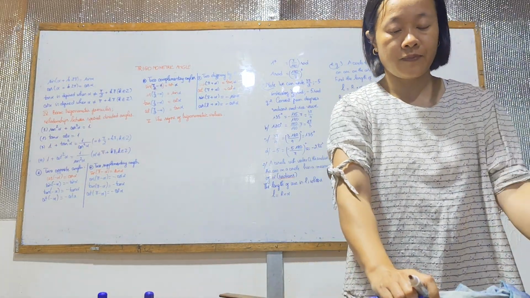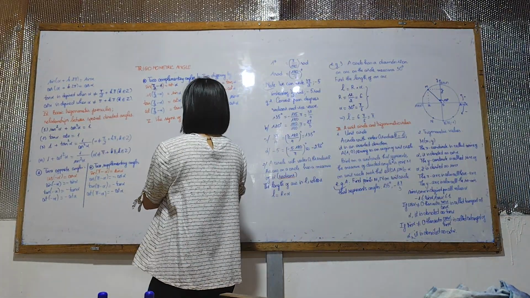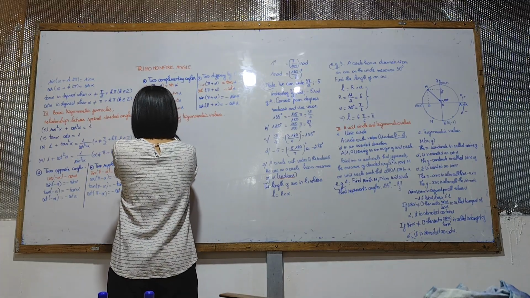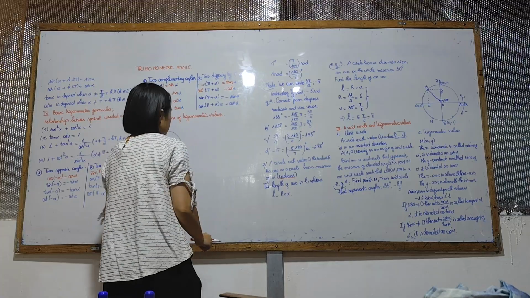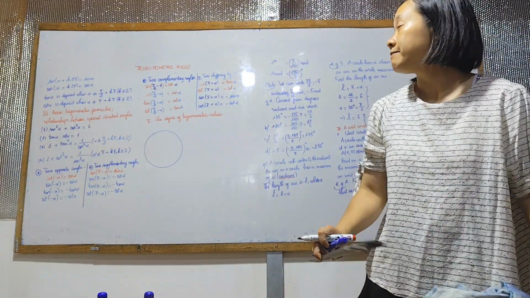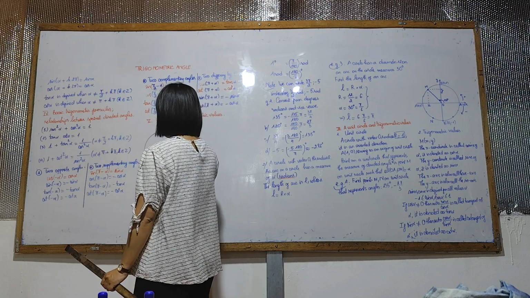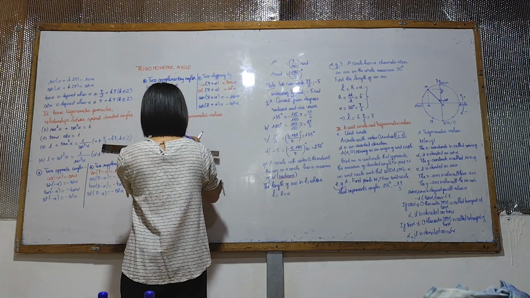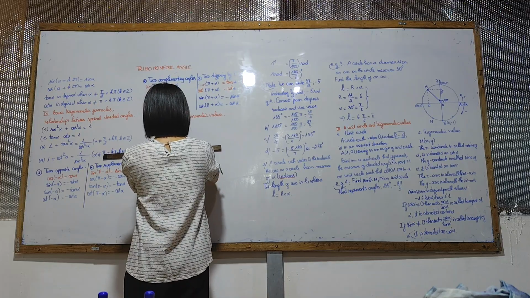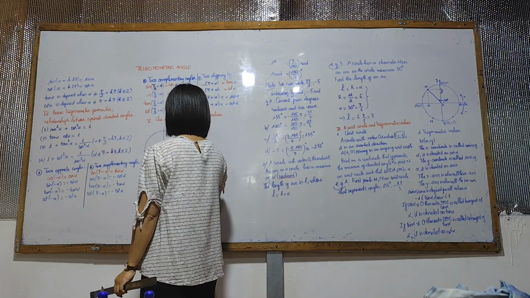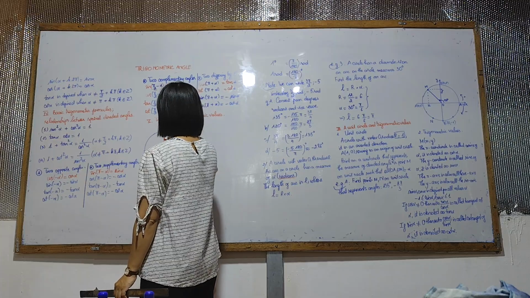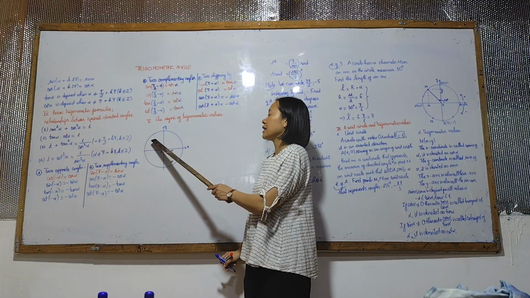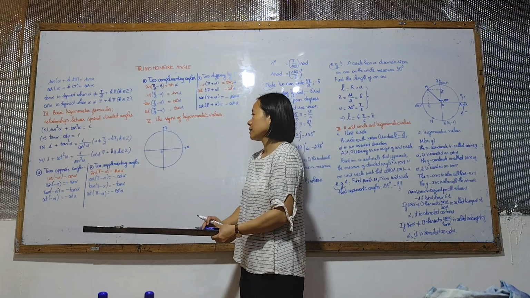Come back to a unit circle. I have a unit circle with origin O. We can see that this unit circle is divided into four parts.